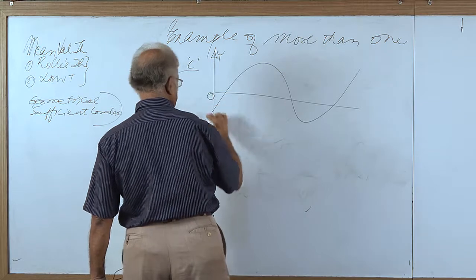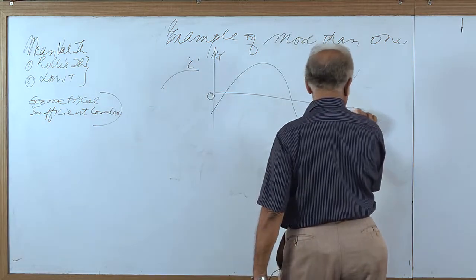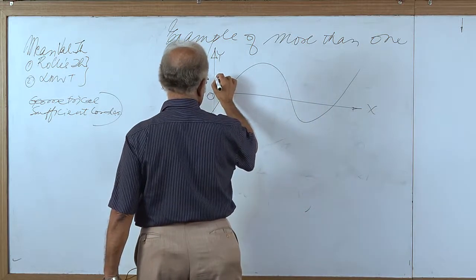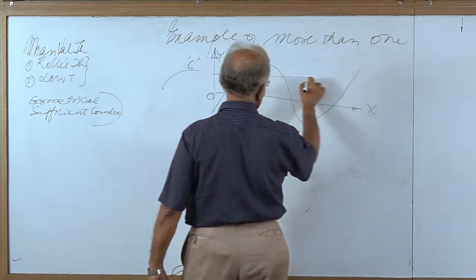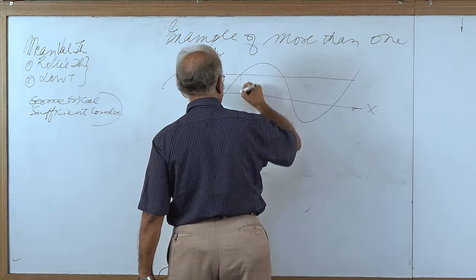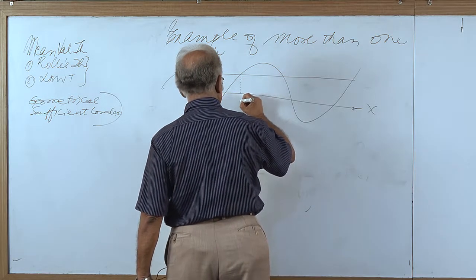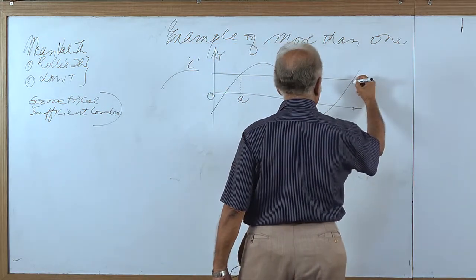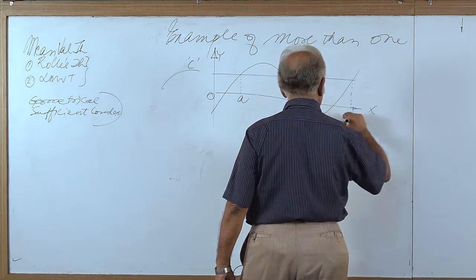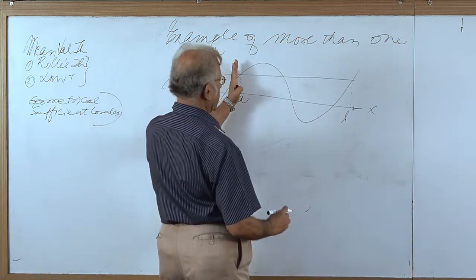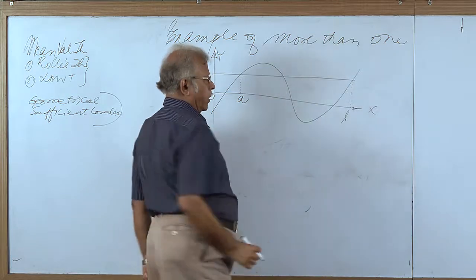Here we have the origin. This is the x-axis. Let us take a horizontal line like this. Call this value of x as a and call this value of x as b. So our interval is from here to here.